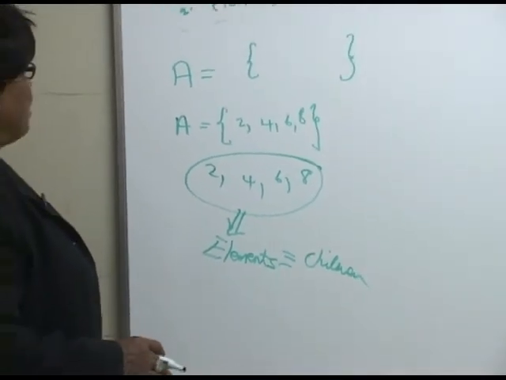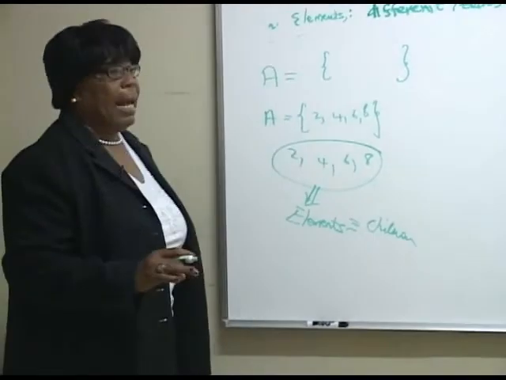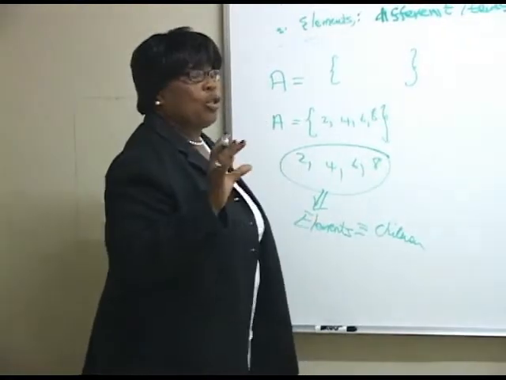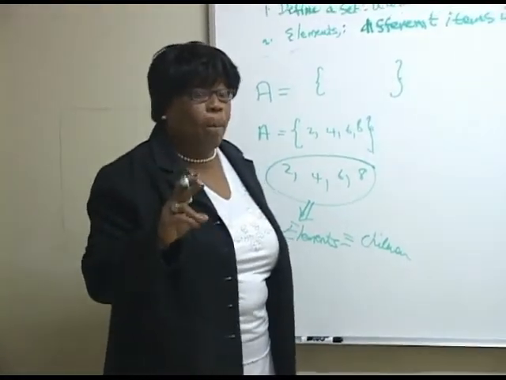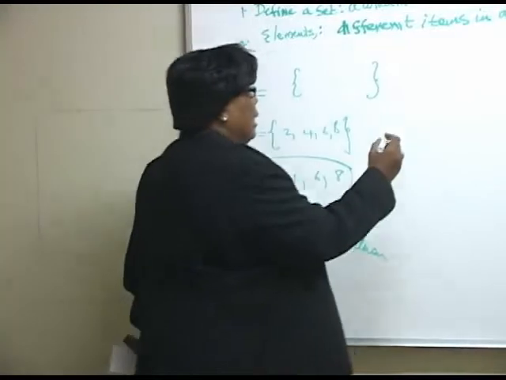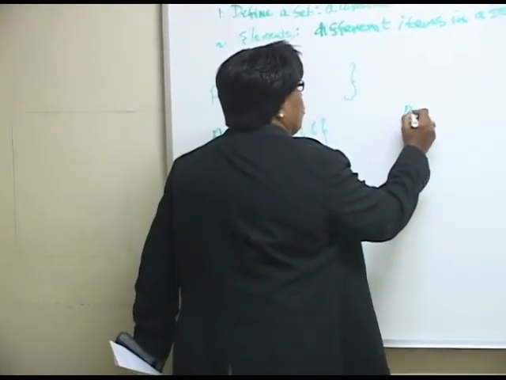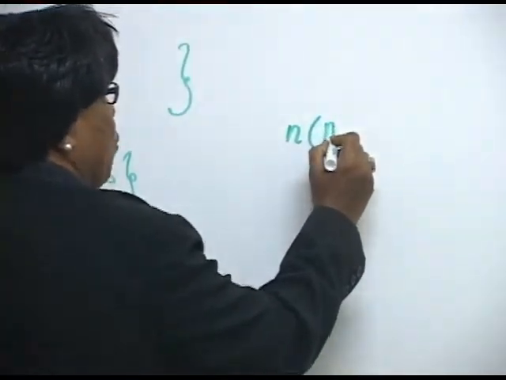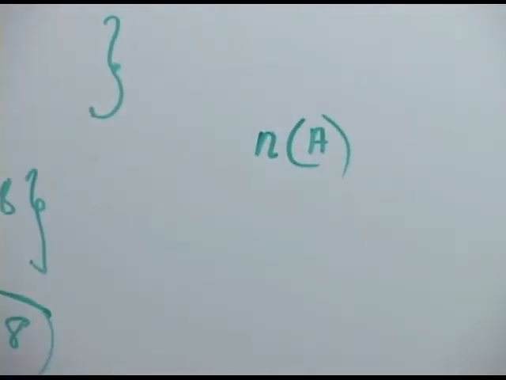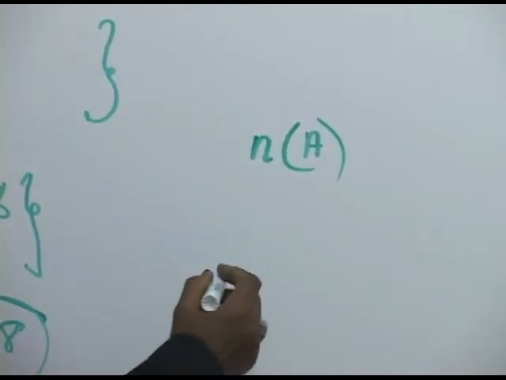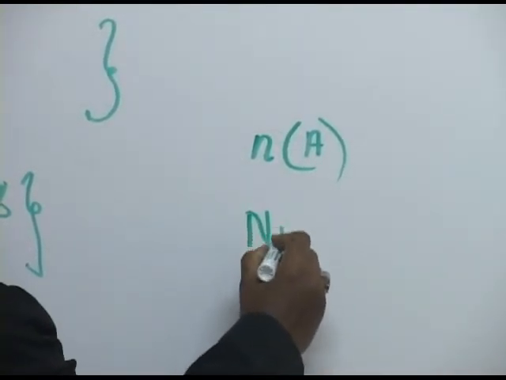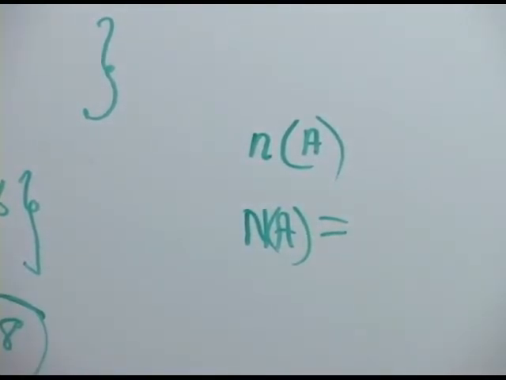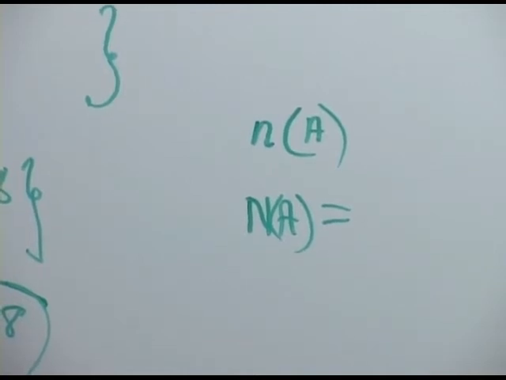The number of elements, again, we have a specific notation for that. If we want to ask for the number of elements in a set, it's a little n with brackets, and the A would be inside like that, n(A), and it's equal to... All we're doing is counting and saying how many things we have.